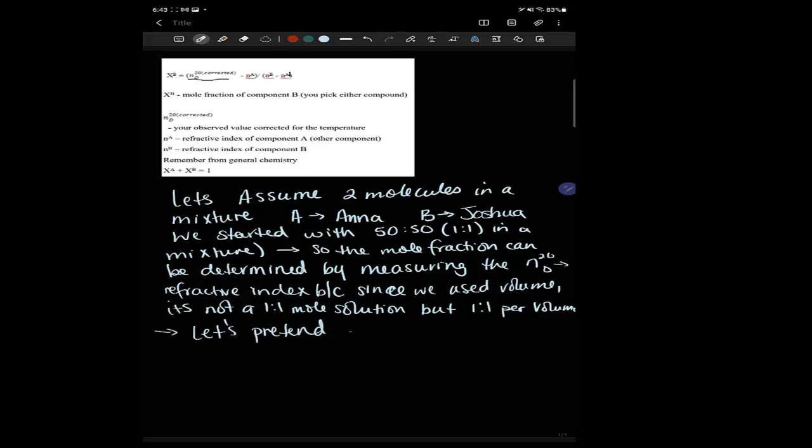So from there, we're going to need to decide how to do this calculation, but first you're going to need to determine the refractive index of the pure solutions, and I'm going to make up some. So for the molecule Anna, I'm going to say it's 1.35. For the molecule Joshua, I'm going to say it's 1.38. I'm just making up these numbers.